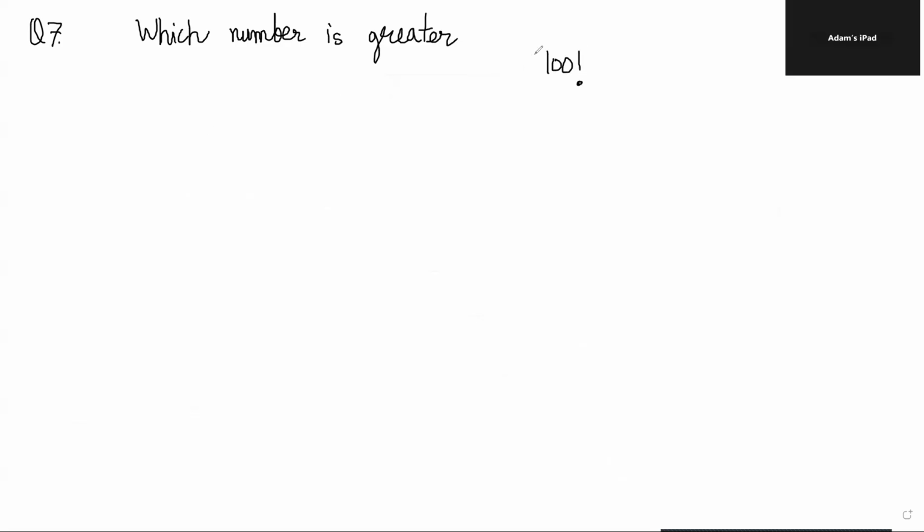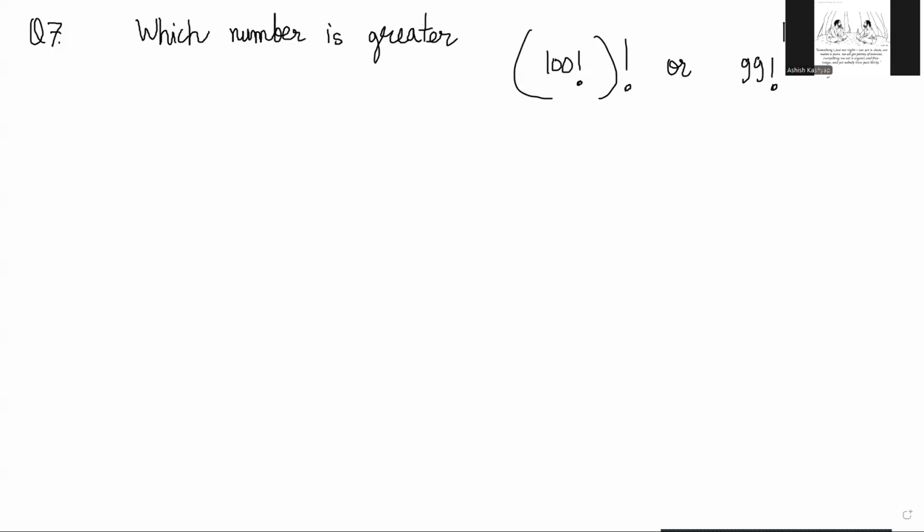Question 7. Which of the numbers is greater: 100 factorial, or 99 factorial to the power 100 factorial multiplied by 100 factorial to the power 99 factorial?